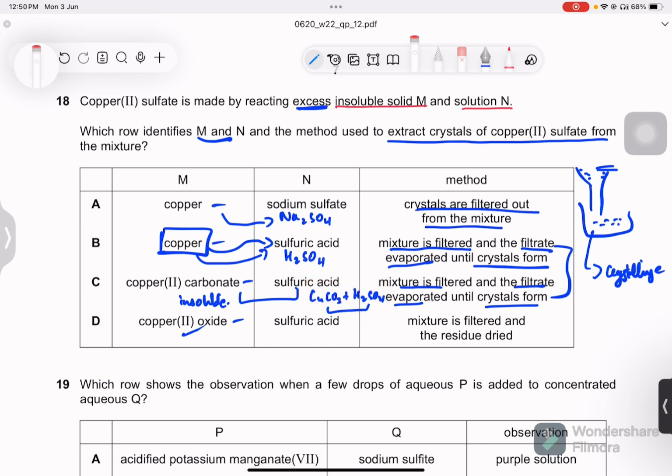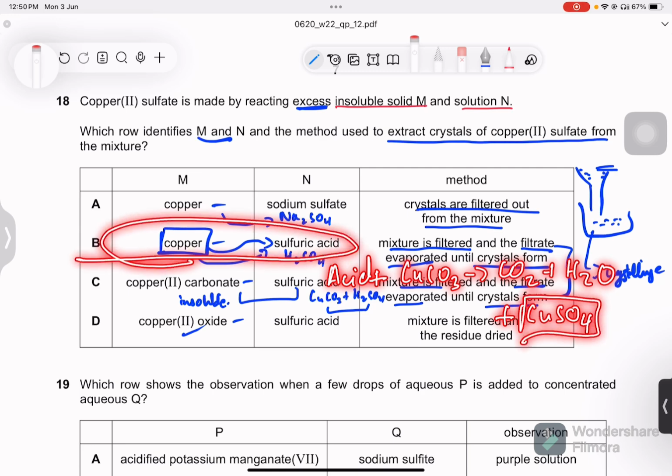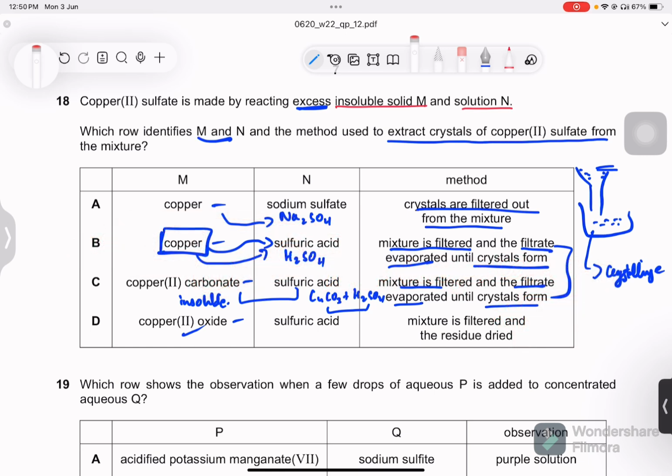We have studied this reaction in the previous question: acid, which is H2SO4, plus carbonate, which is copper(II) carbonate, will produce carbon dioxide, water, and copper sulfate salt. As for this right here, we have no compound, we have copper. So where will this hydrogen go? Yes, it will be produced as a gas, but this is not the best option. You have to choose a salt.